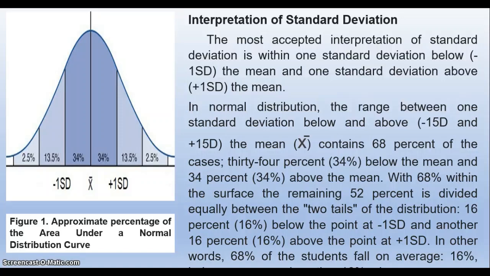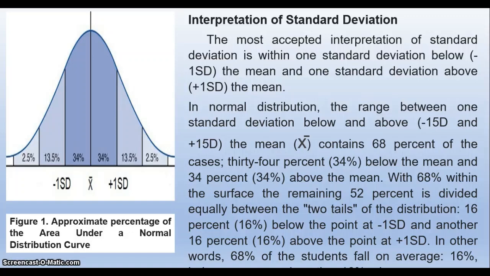The most accepted interpretation of standard deviation is within one standard deviation below, the sign is -1 SD, the mean, and one standard deviation above the mean, or +1 SD.